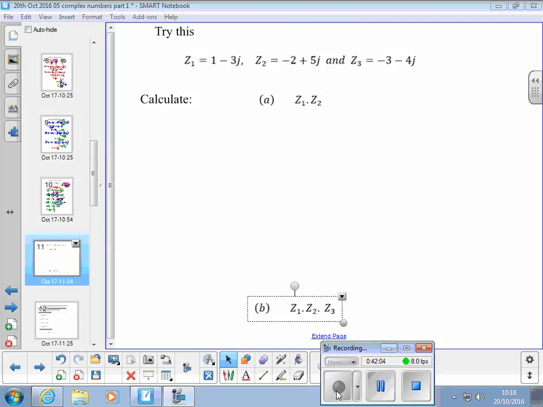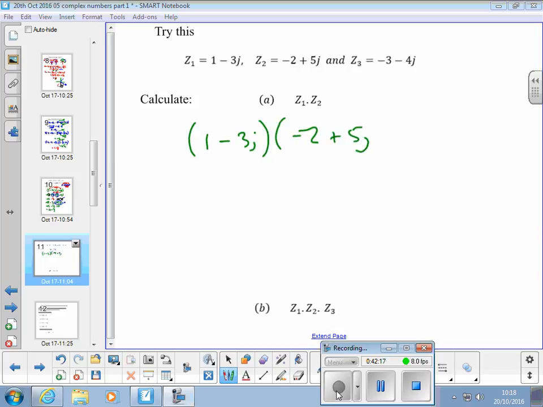Right, take me through the first one then. What we've got is 1 minus 3j, and I'm going to multiply that by minus 2 plus 5j. Take me through it. Jordan, put you on the spot.